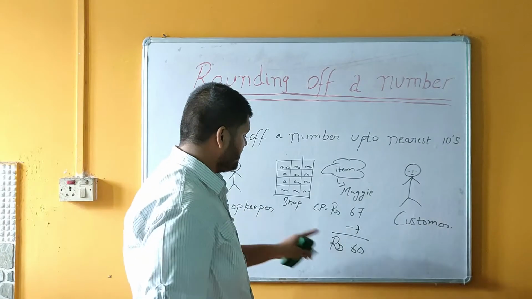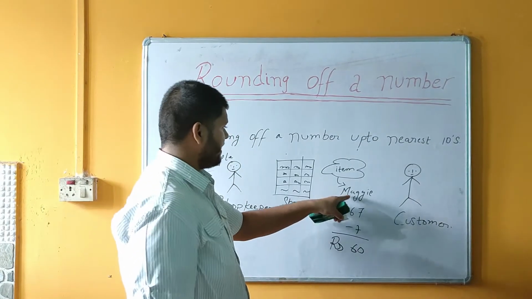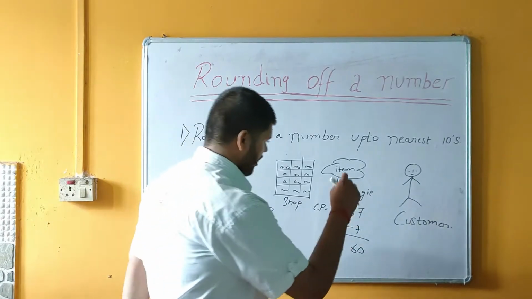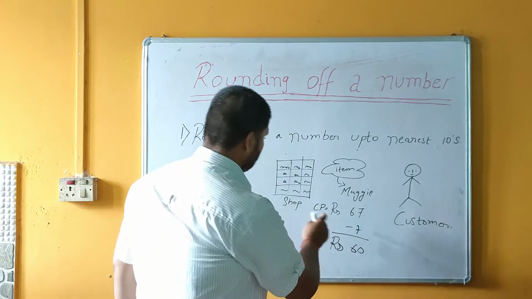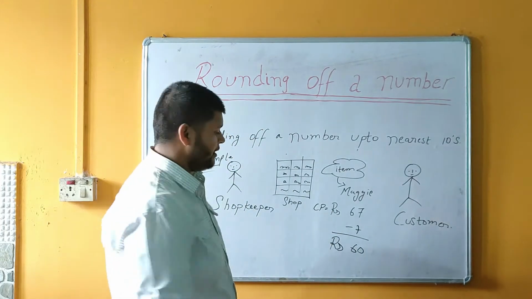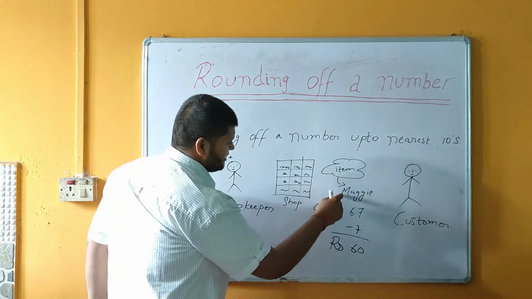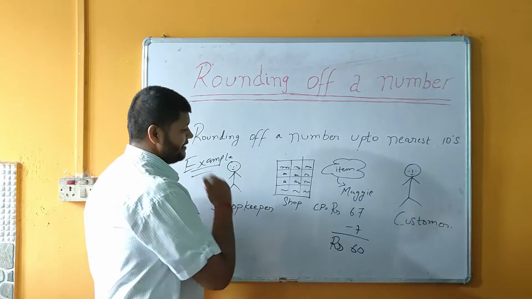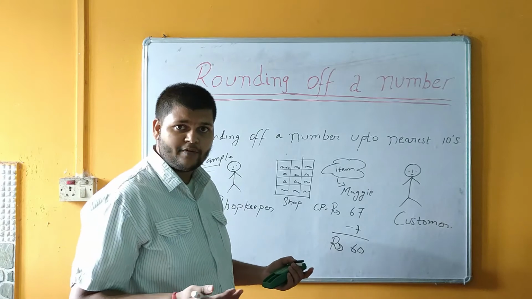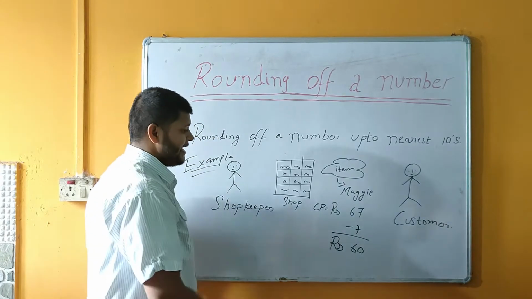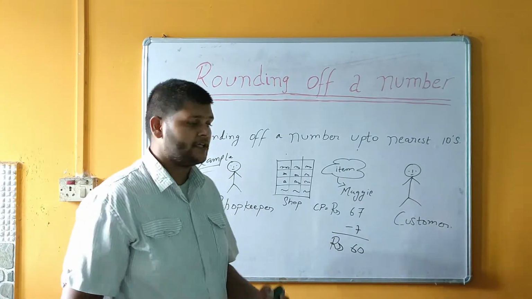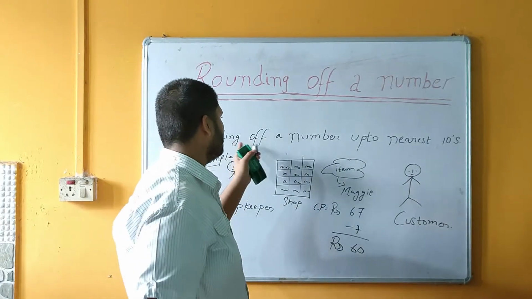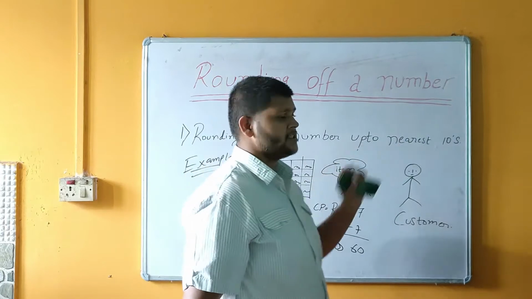So he will deny giving this Maggi packet at the cost price rupees 60. So how will this customer negotiate with the shopkeeper in order to purchase this item Maggi? This is the question. The answer and the solution will be discussed only after this rounding of a number up to nearest tens.